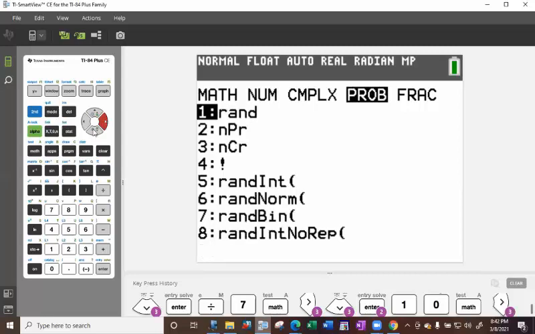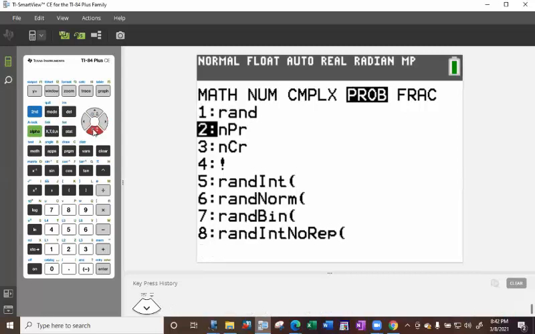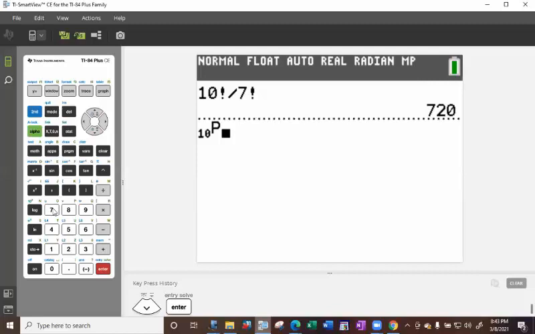It's number 2, NPR. Then you put the second number. In the older calculators, it's just going to show NPR. The newer ones now do it fancy like this. Same thing, I promise you. If it shows 10 and it shows NPR 7, you're going to get the right answer. Don't worry about it. So you put the first number, NPR, second number.